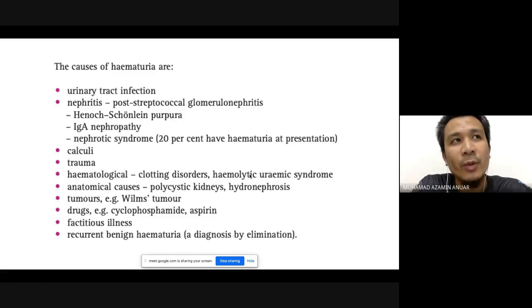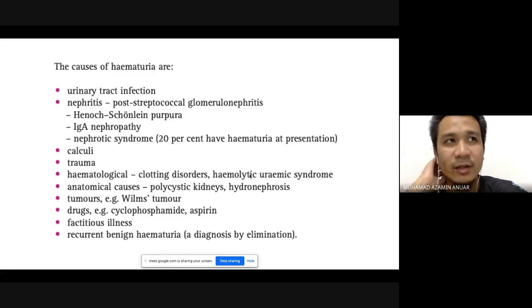So we basically looked after the child, and when we looked after the child, the child got better and better, and no further problems. The child went home, and the child came back again with the same issues, high sodium levels. We did investigation, a lot of endocrine investigation, and it all came back normal.